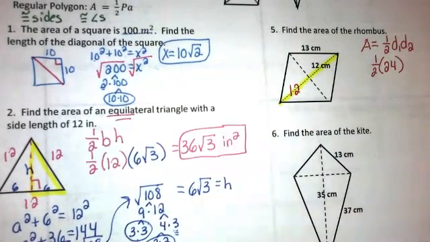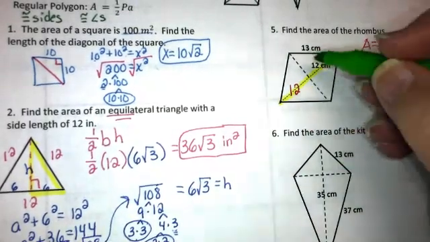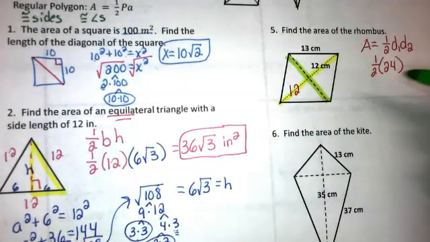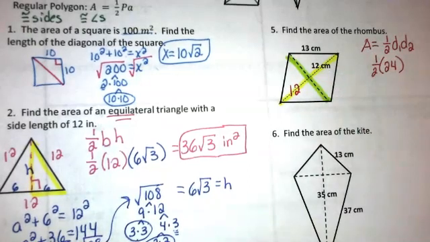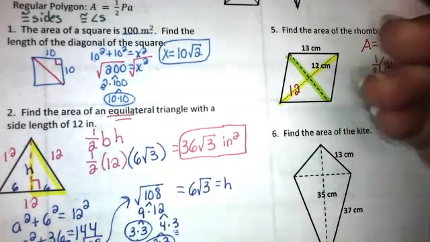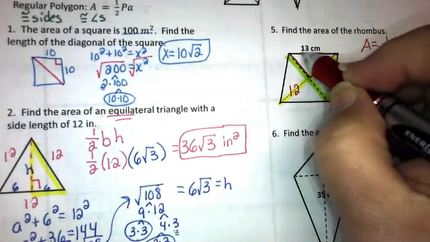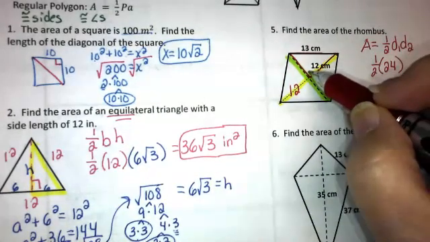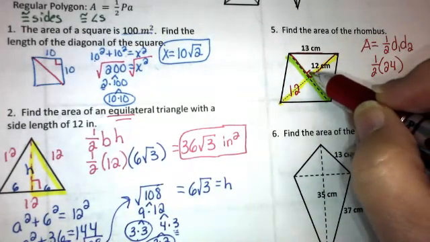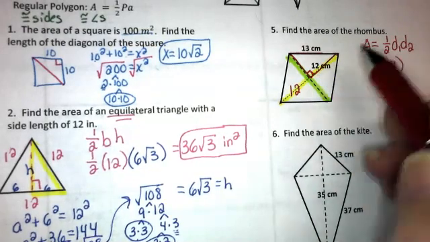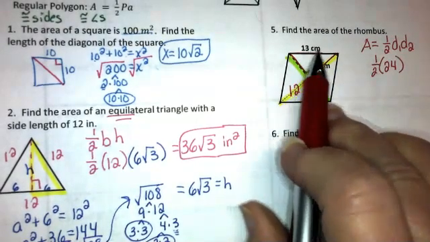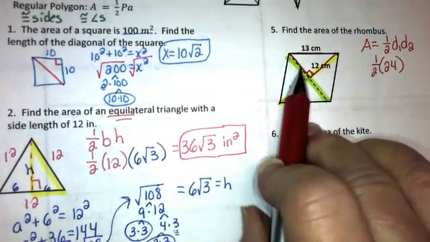Now I'm going to need to calculate this other diagonal because I don't have any measurements there. So look what I'm going to do. I'm going to take this part right here. Now we've been told that the diagonals are perpendicular. That's a right angle. So I have a right triangle with a missing leg.